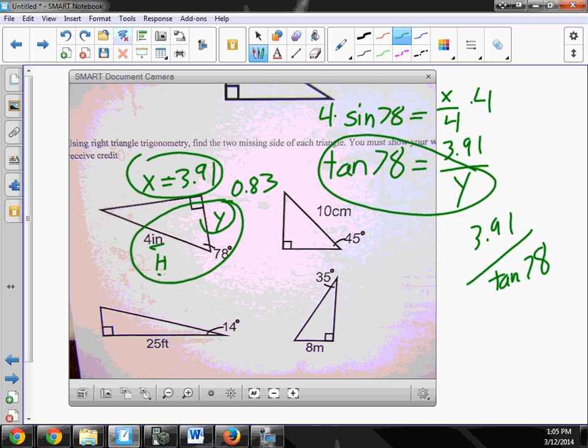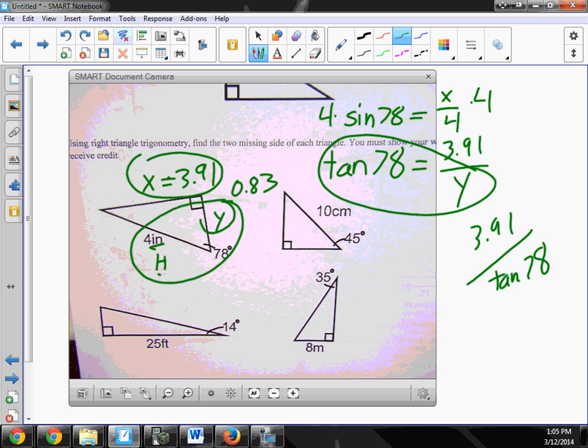Okay, I want to point something out. Why is x so big? Why is x so much bigger than y? Explain why. What is it about the triangle that tells us that x is going to be bigger than y?